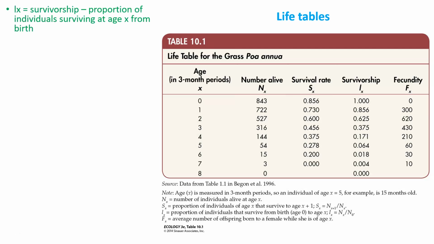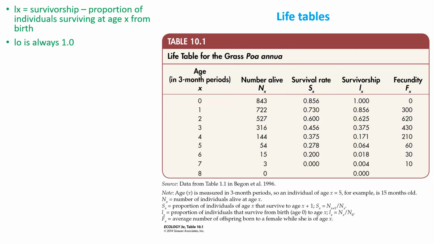And we will move on to the next column, survivorship, lx, right? So survivorship is the proportion of individuals surviving at a particular age since birth. It is the proportion of individuals of a particular population surviving or remaining alive at a particular age since birth.